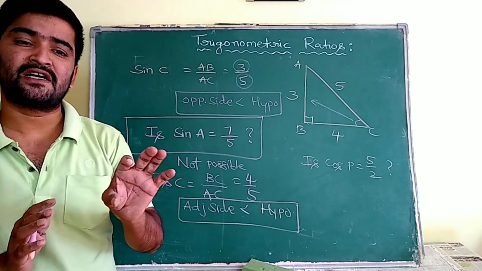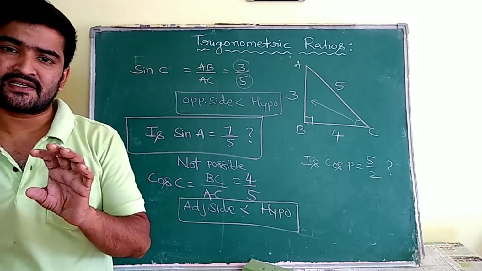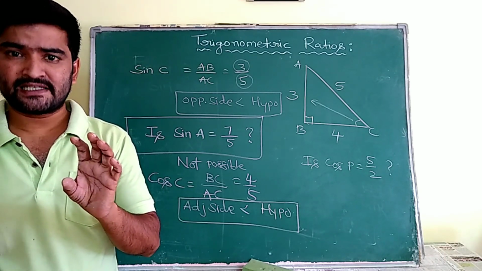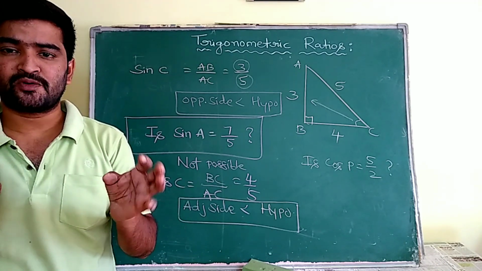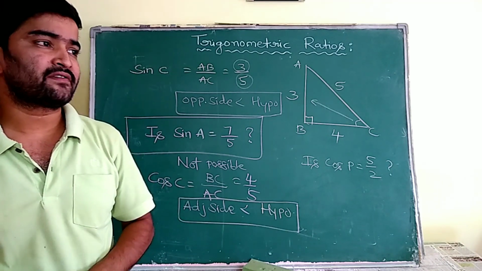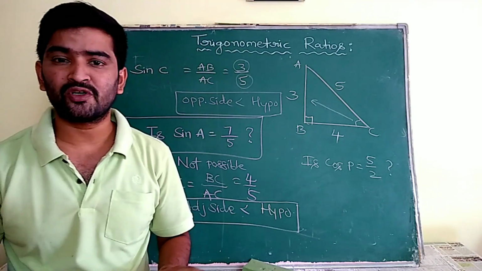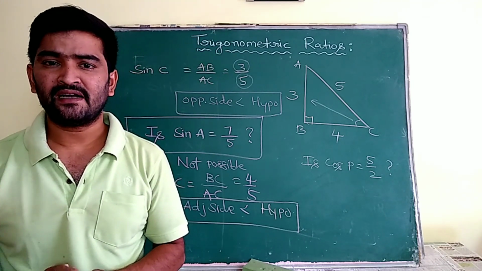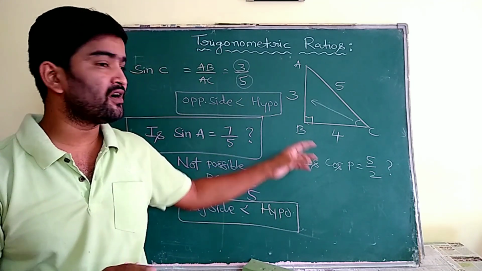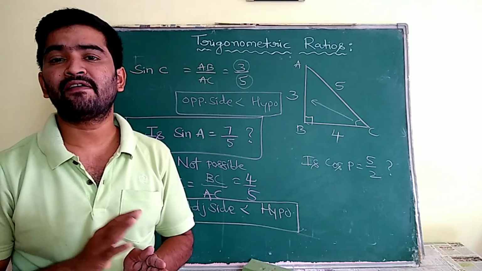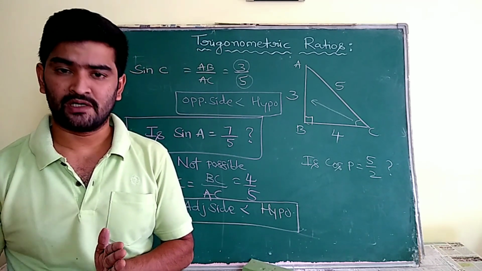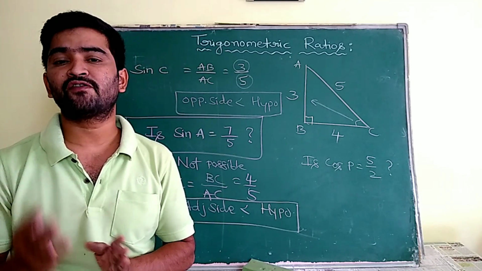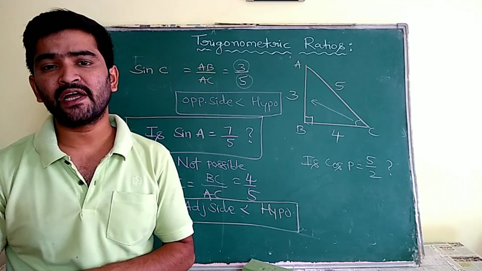Sometimes the opposite side is more than the adjacent side, sometimes the adjacent side is more than the opposite side, and sometimes both are equal also. So for tan and cot we are not going to specify the values. But sine and cos never exceed 1. Sine value is never more than 1, and similarly cos value is never more than 1.